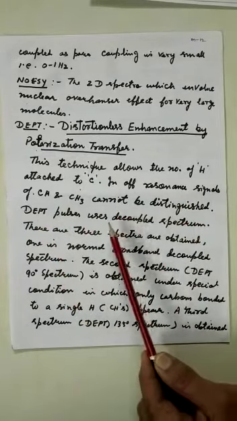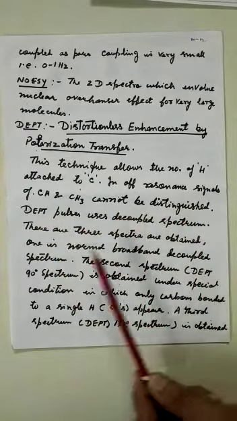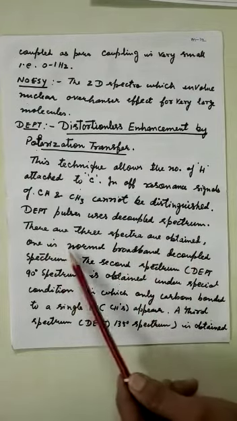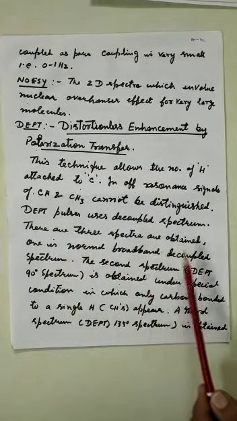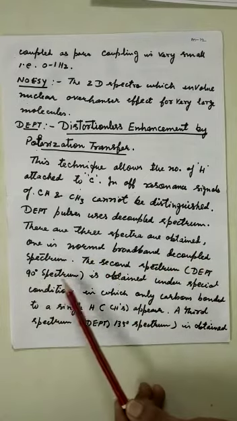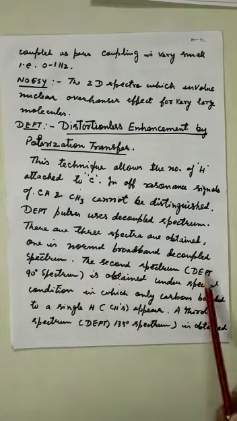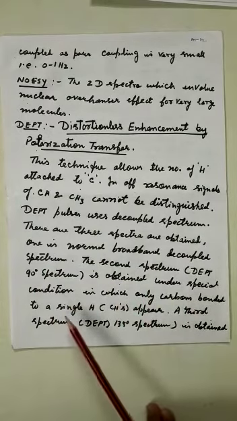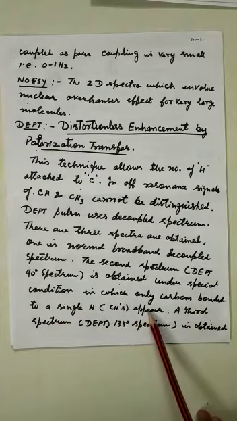The DEPT pulse usually gives a decoupled spectrum. Three spectra are observed. One is the normal broadband decoupled spectrum. Second is the DEPT 90 degree spectrum, obtained under special conditions in which only the carbon bonded to a single hydrogen atom appears.